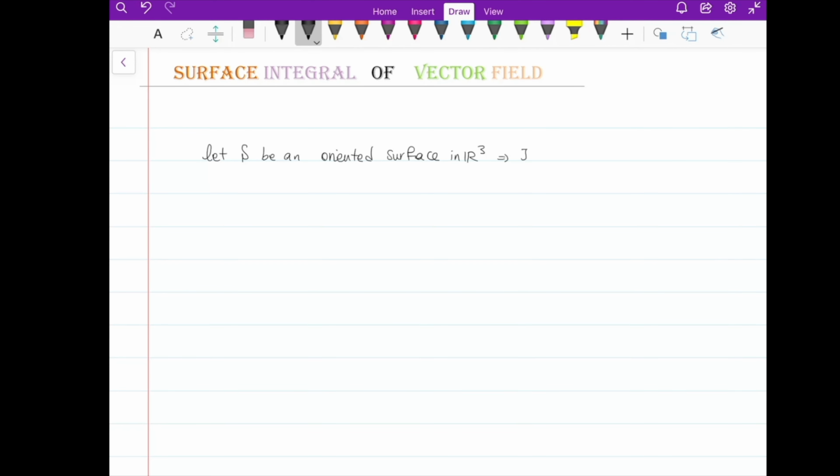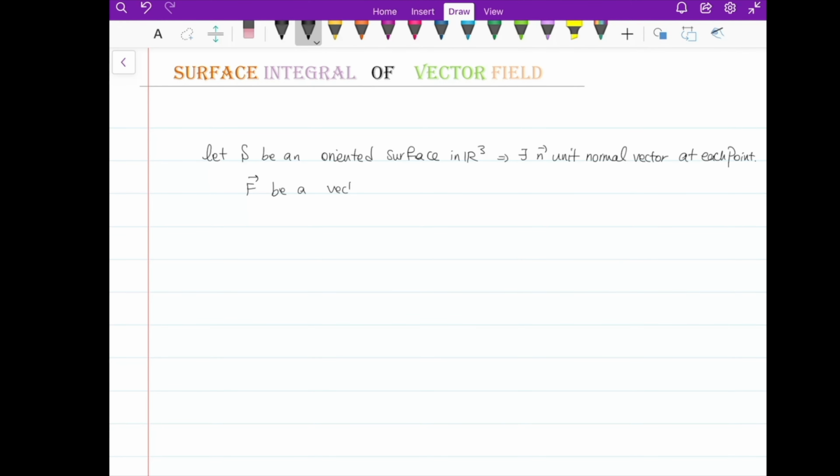Actually, it means that there is a unit normal vector n at each point on the surface S. Okay, and then let F be a vector field that is defined on S.